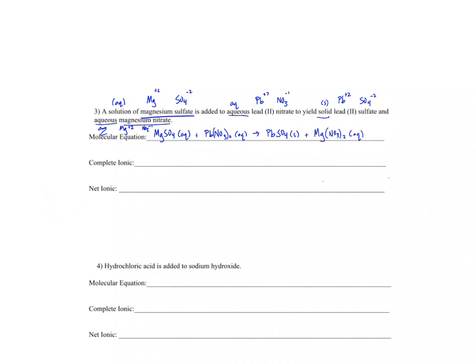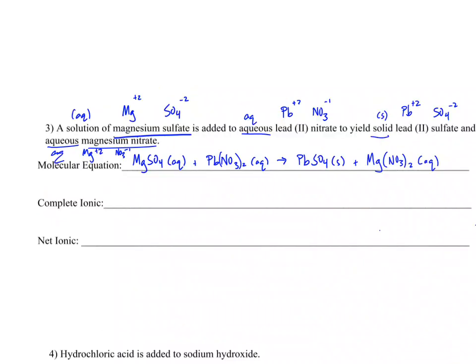So magnesium sulfate dissociates into magnesium ions, so magnesium +2, aqueous, plus sulfate as a polyatomic ion, -2, aqueous, plus lead +2, aqueous, plus nitrate, my polyatomic ion, -1, aqueous, breaks into lead sulfate, which is a solid, so it's going to stay lead sulfate.